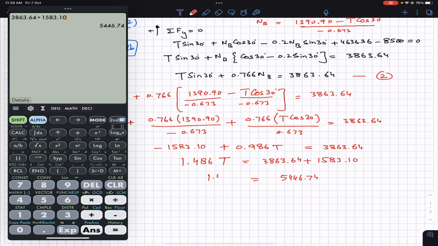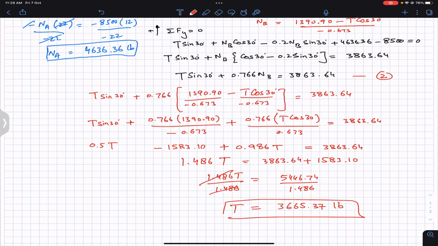This is equal to 1.486 T. Divide both sides of the equation by 1.486. This will cancel out. We will have the T value. So now this answer divided by 1.486 gives me the T value equal to 3665.37 pounds.